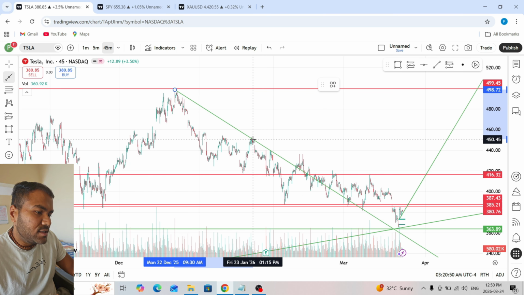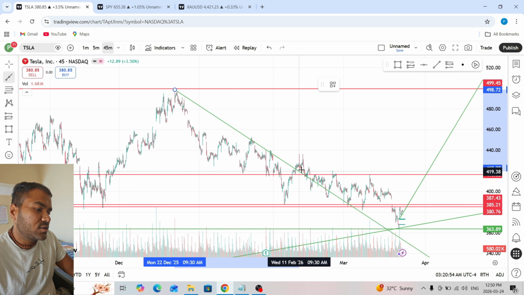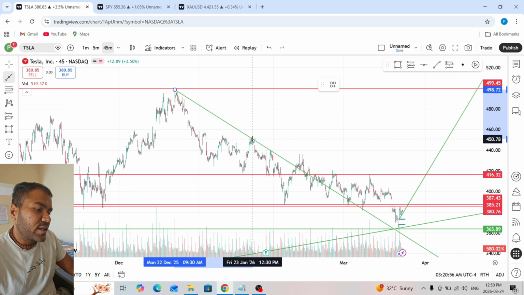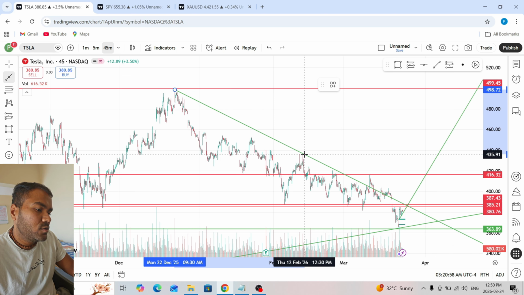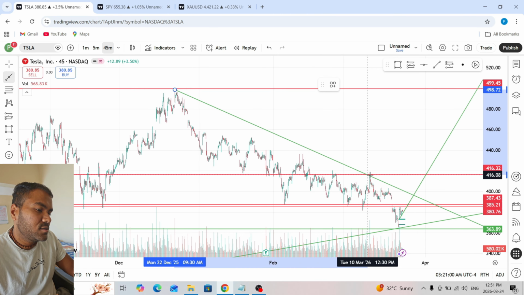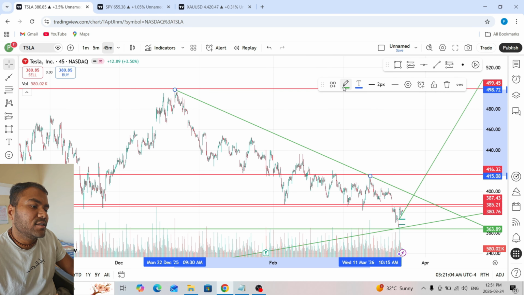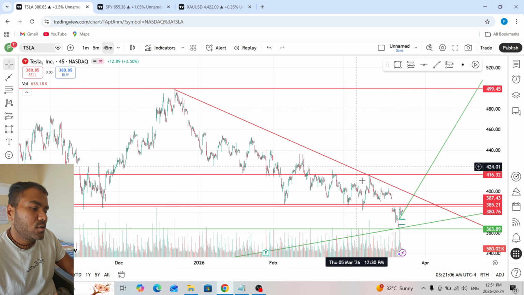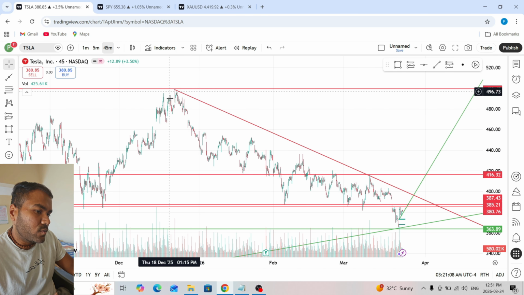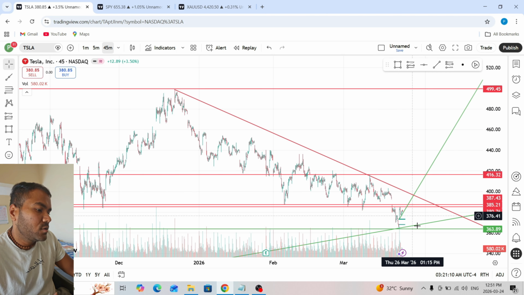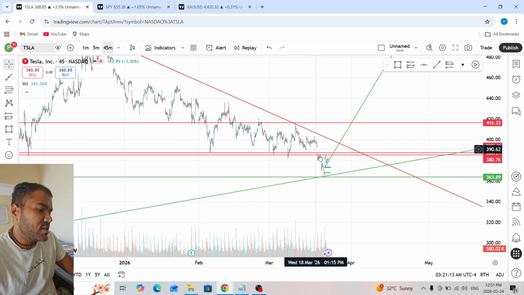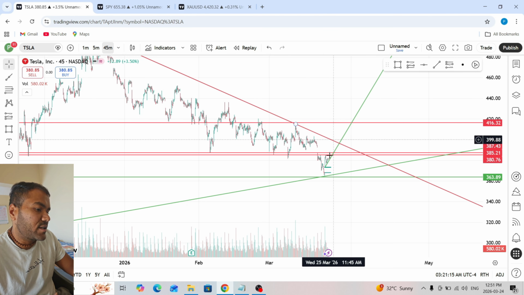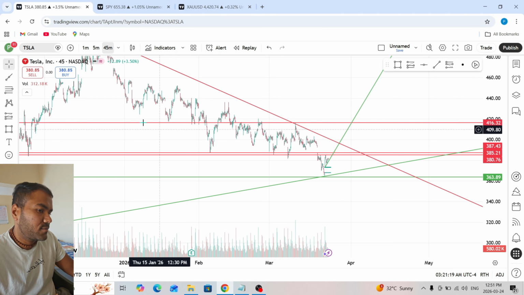We cannot take these as our point 2 because price has already crossed. If we mark these as our point 2, no, not these. Here we can take this as our point 2, because if this is point 1 and this is point 2, after that the price has never crossed this trend line. So this will be our resistance trend line for the following chart.